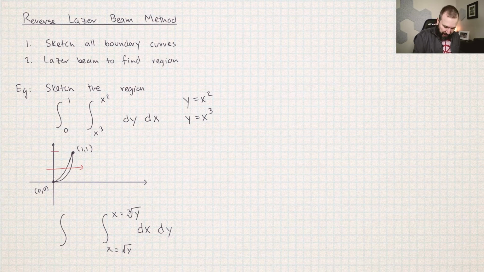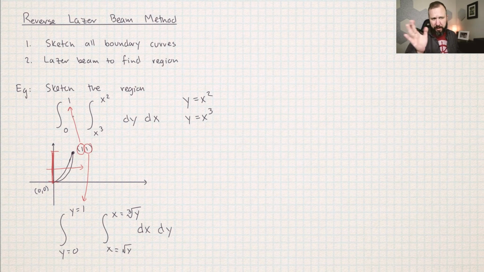Then I just need to ask, which y's am I going to get a laser beam that intersects this region? You can see dy is coming second, so these should be y numbers. Those are all the y's from y equals 0 up to y equals 1. Just to be clear, this y value is that one right there, and this x value is that one right there.